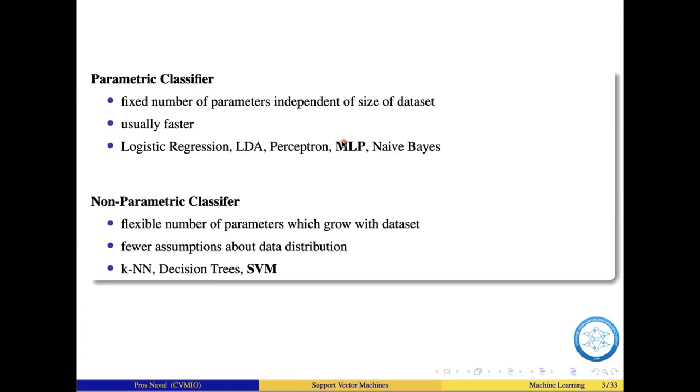So in the case of the non-parametric classifier, again, there are fewer assumptions about the feature distribution, the independence of features, and the data distribution. Examples of non-parametric classifiers are the k-nearest neighbor, decision trees, and today's support vector machines.